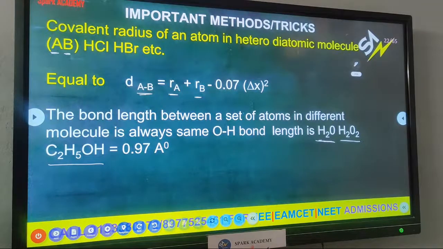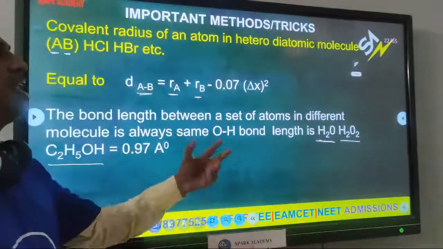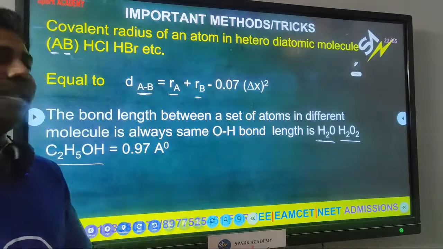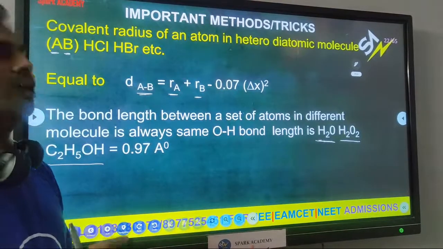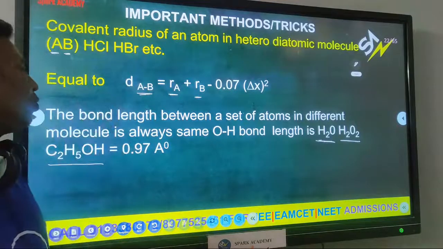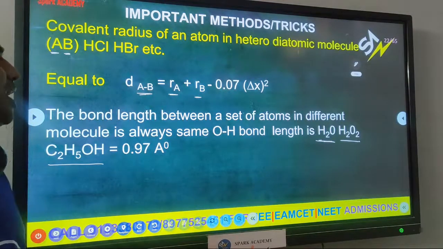Now we are talking about the bond length between a set of atoms. They are different molecules, but OH bond is present in H2O, H2O2, C2H5OH. These three are different molecules, but they contain the OH bond. That OH bond is the same in different molecules.